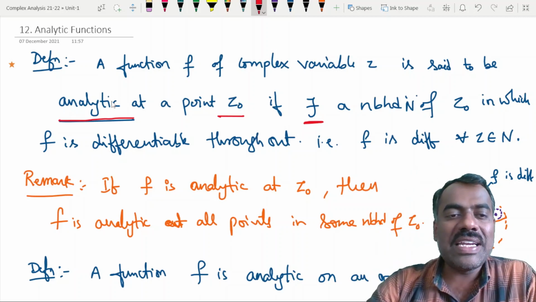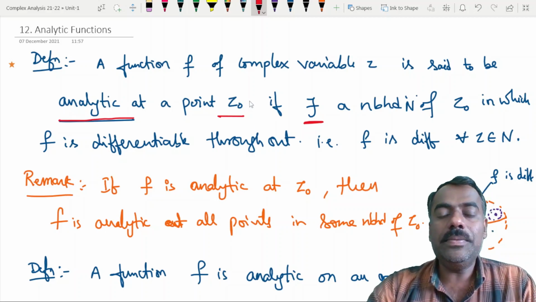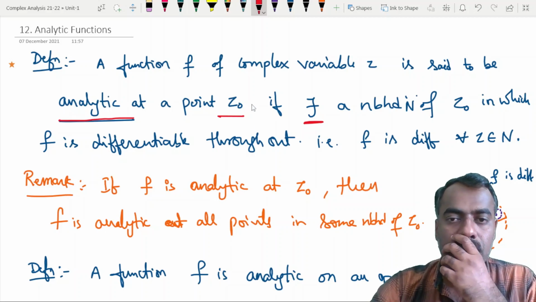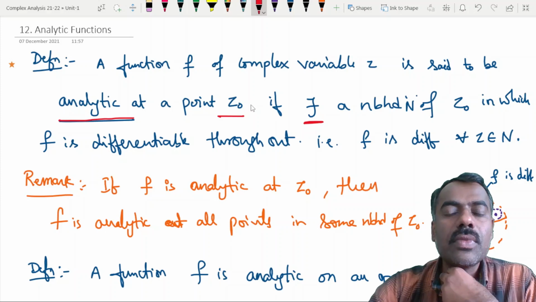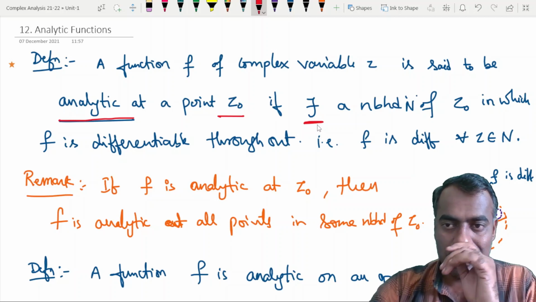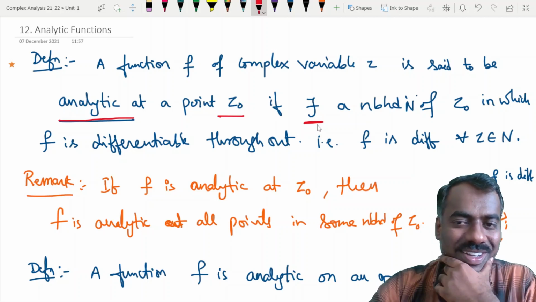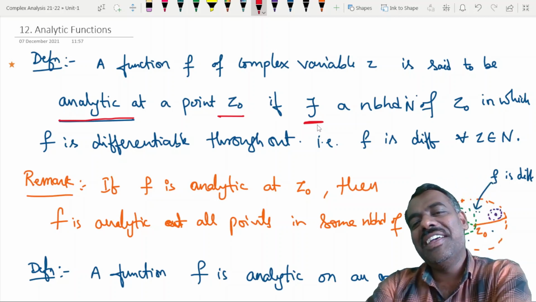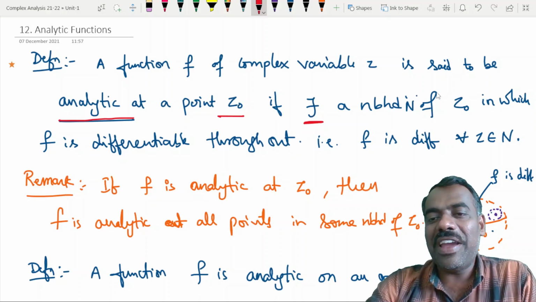Now, what is meant by saying that f is not analytic at z naught? Say it clearly. When we say that this is false, that means this should fail, right?